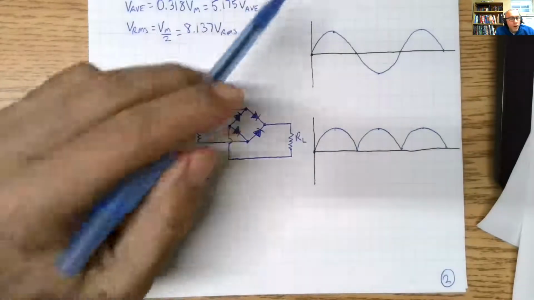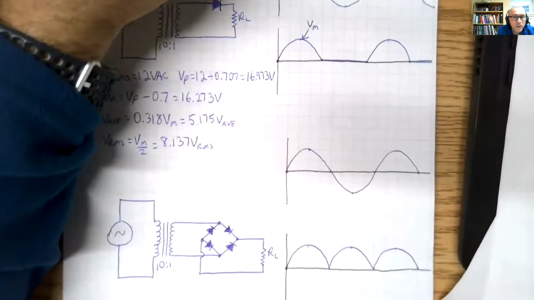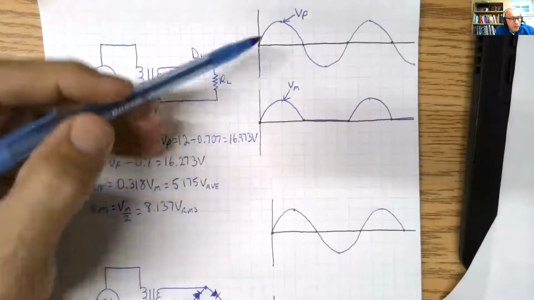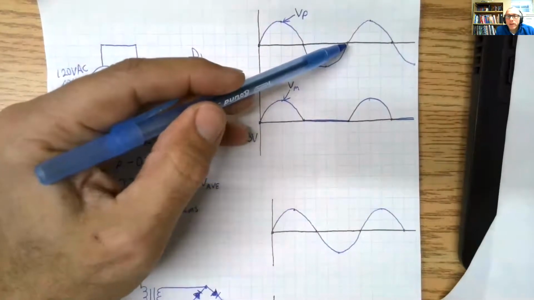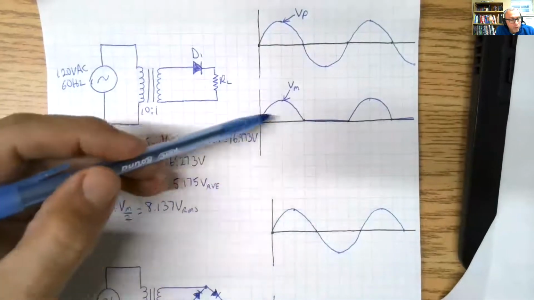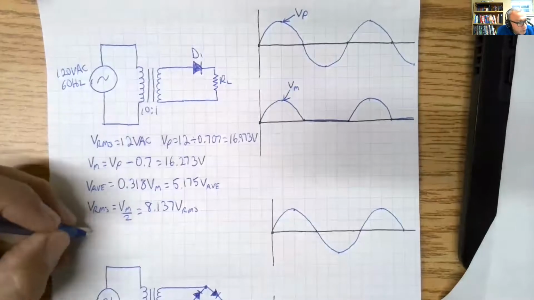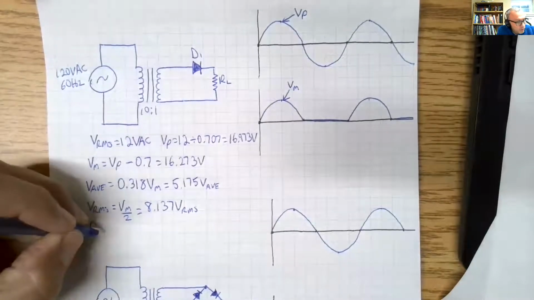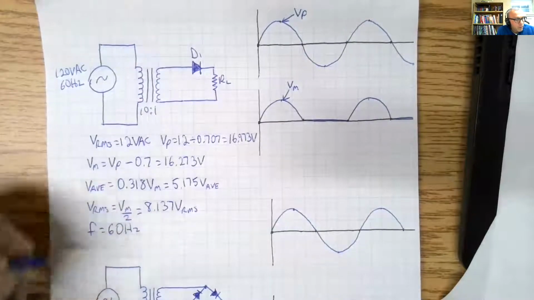Now, with our half wave rectified signal, here is one cycle of the input signal at 60 hertz, and one cycle of the half wave rectified is still the same length, okay? So the frequency of a half wave rectified signal is 60 hertz, the same as the incoming.